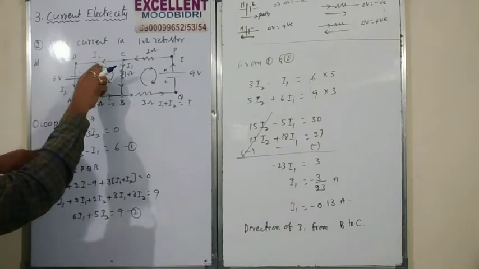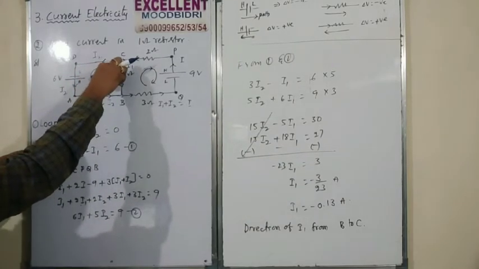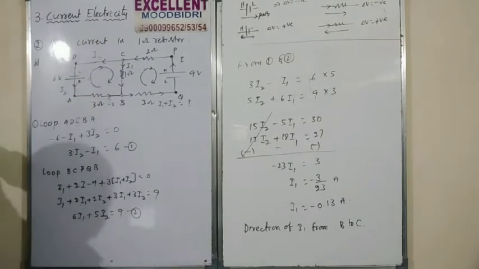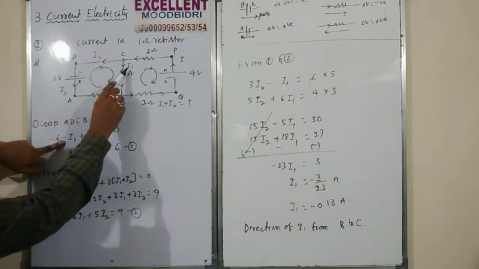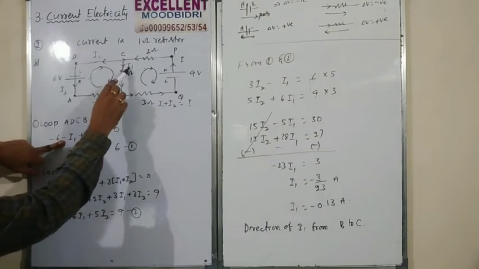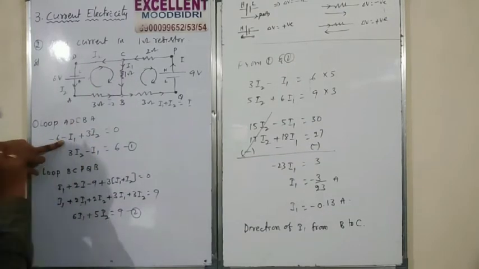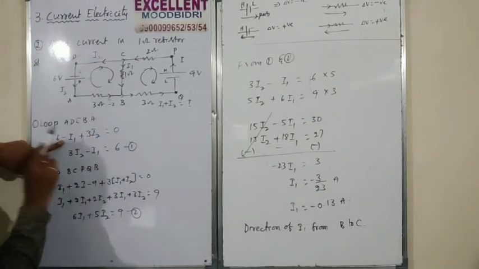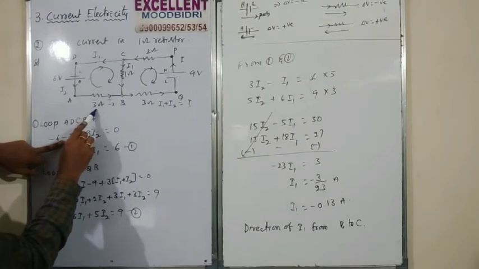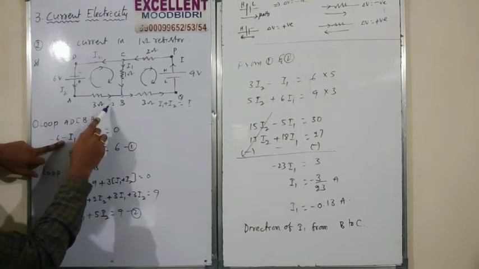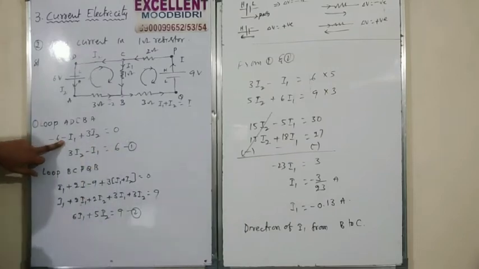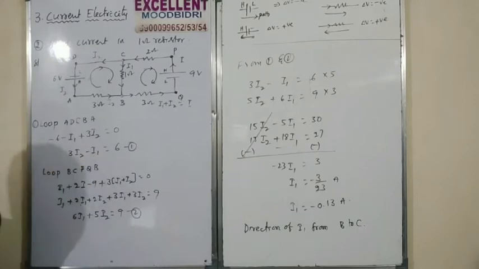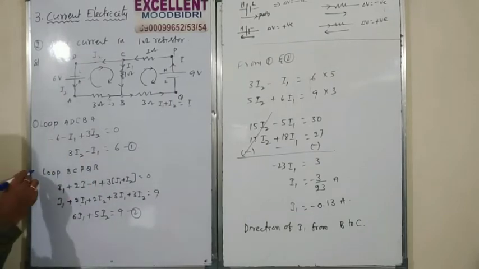Here there is no resistor. Next, the current direction and path are in the same direction, same direction means minus. How much current? I1, voltage 1 into I1, minus I1. Plus next here, the path direction and current direction are opposite, and opposite means plus. Resistance is 3, current in this branch is I2, so 3I2 is equal to 0. Transferring the 6 to that side, 3I2 minus I1 is equal to 6. Equation number 1 finished. Next, the second one.